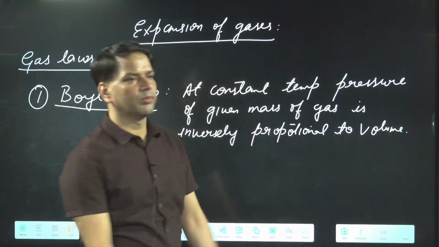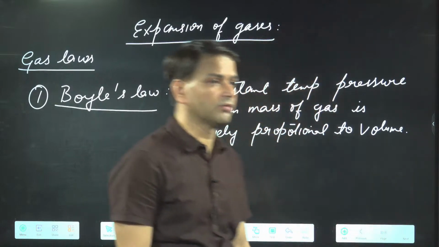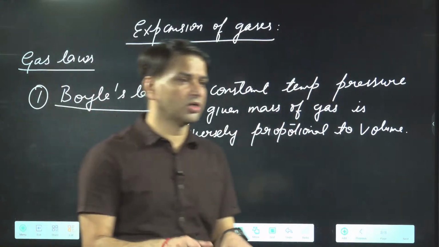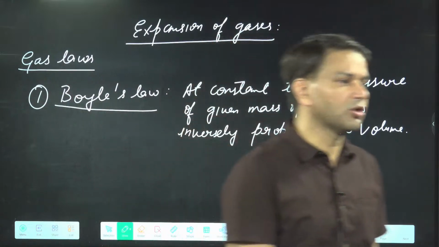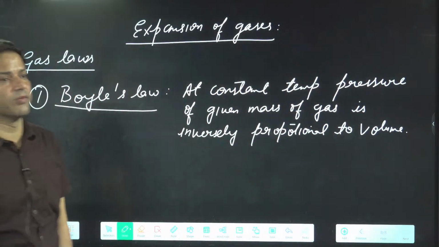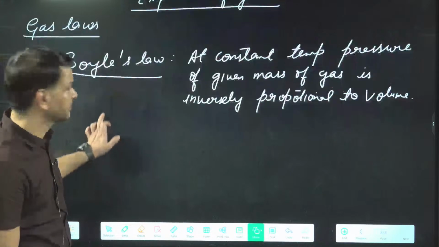Or, pressure and volume are inversely proportional to each other at constant temperature for a given mass of the gas. That is also required. Given mass means the mole has to be constant. So for a given mass of the gas at constant temperature, we can say pressure is inversely proportional to the volume. Everybody knows this statement.